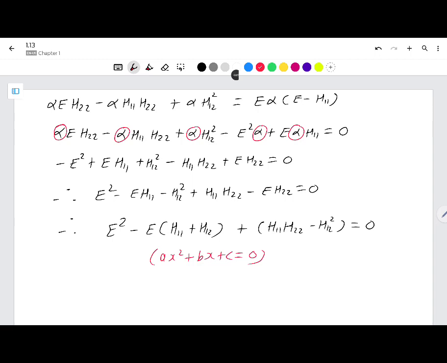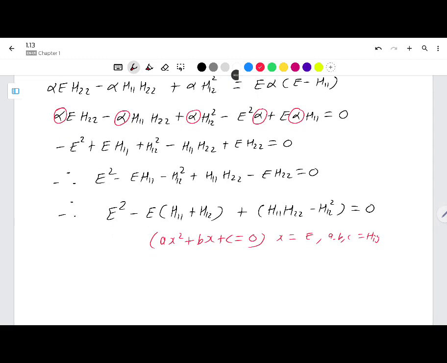Where x is E and a, b, c are these constants. So what will be the roots of this equation? So there will be, let's say, two eigenvalues.